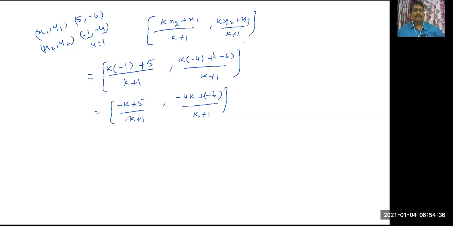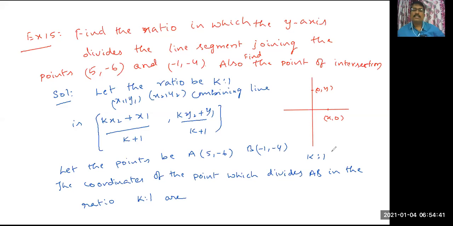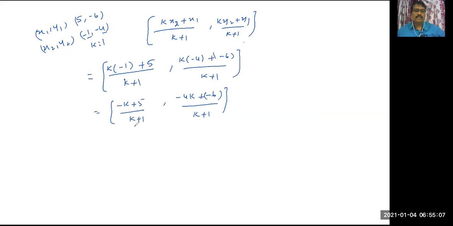Here we have to note the point is on the y axis, because the y axis divides. Y axis divides అని ఇచ్చాడు కాబట్టి the point is on the y axis. So on the y axis x coordinate is 0. That's why in this x coordinate is minus k plus 5.